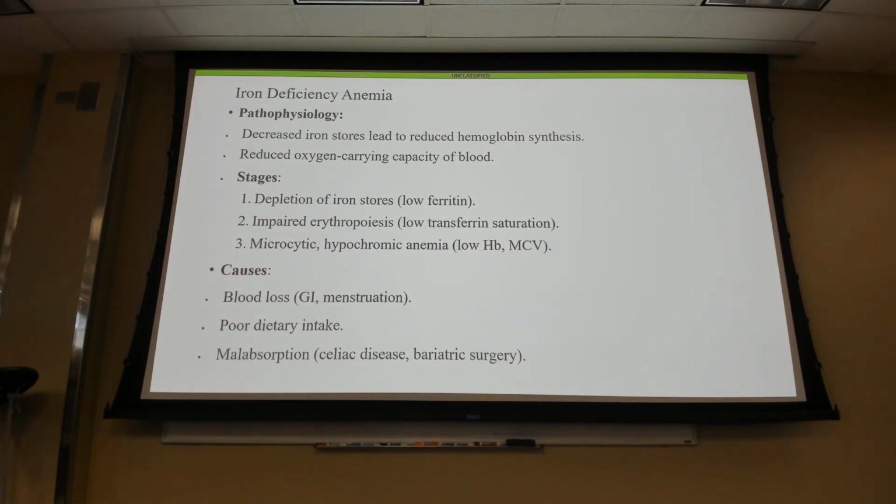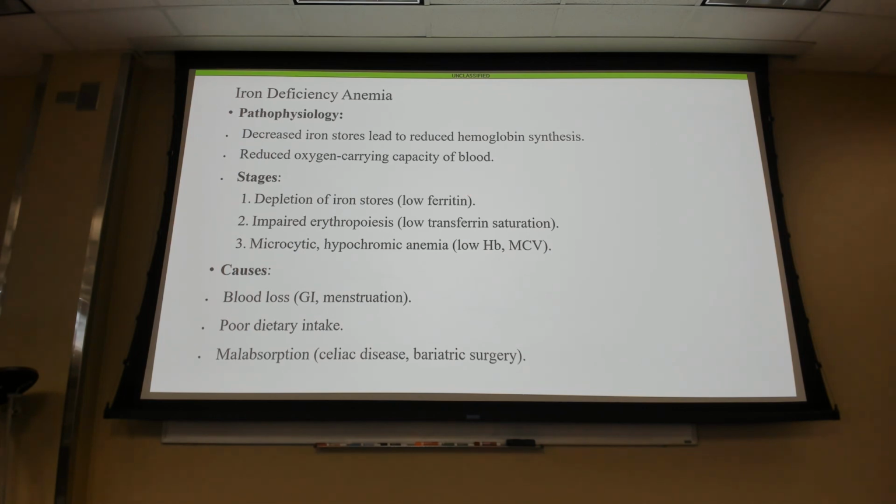Iron deficient, right? You guys good with this? Decreased iron stores. You can't make enough good hemoglobin. The microcytic anemia's problem, said again, is the hemoglobin. All right, stages. Depletion of iron stores. So now the iron stores are decreasing. You start to see that in what lab value?